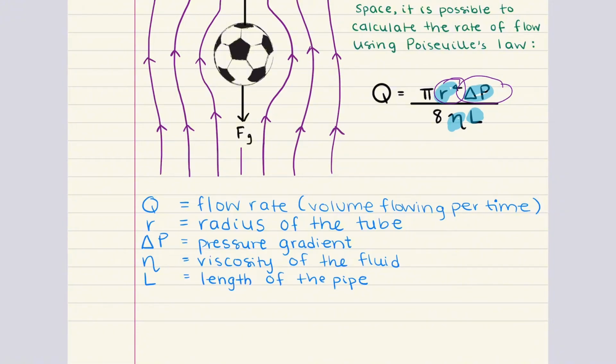On the other hand, the flow rate is inversely proportional to both the fluid's viscosity and the length of the pipe. So a thicker, more viscous fluid resists motion more than a thinner one, and that reduces the flow rate. Similarly, a longer pipe introduces more resistance due to friction, further hindering the flow.